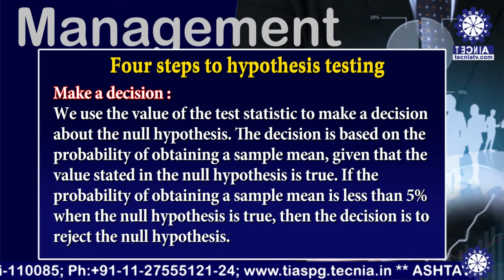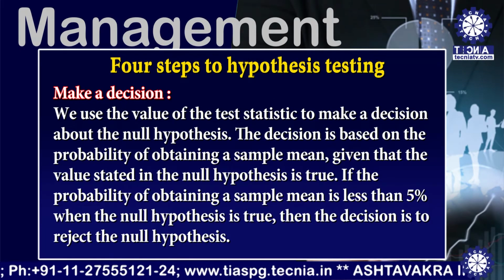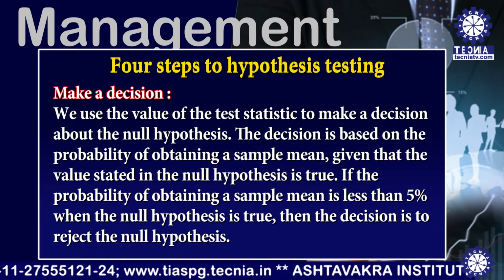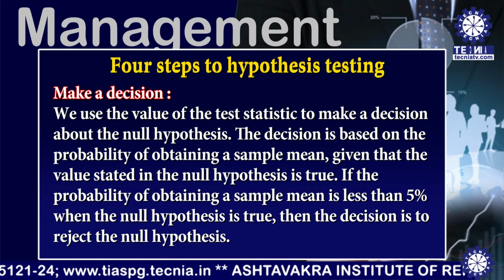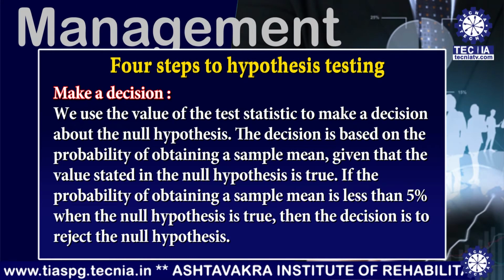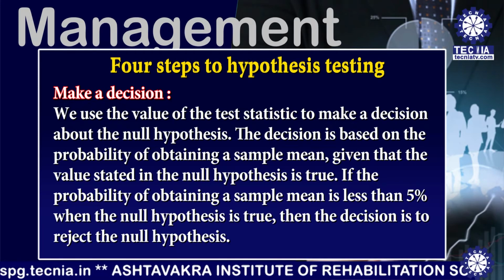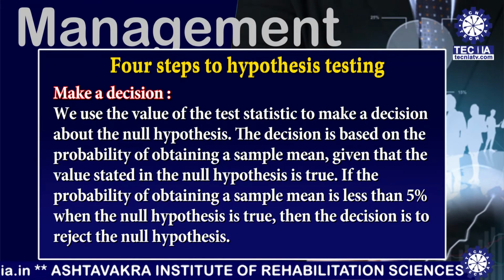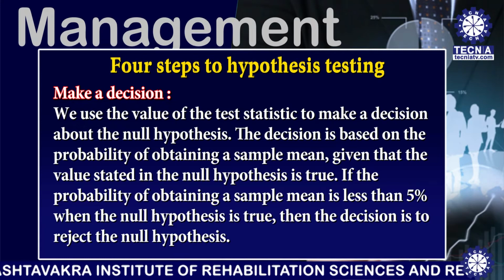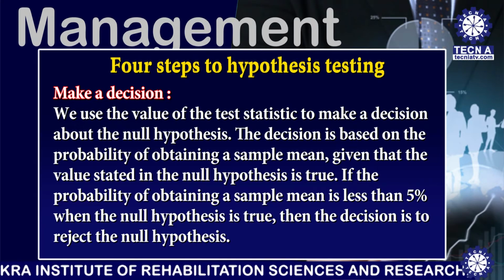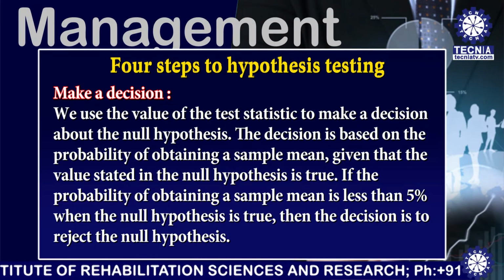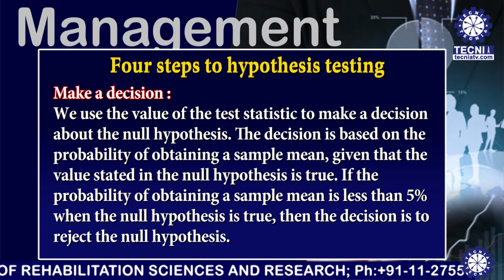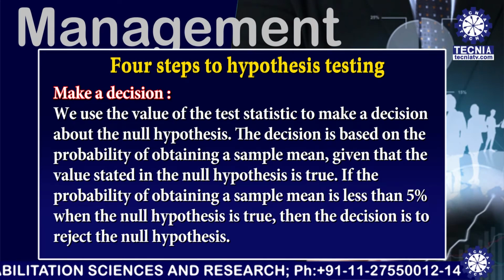Now I am explaining step 4, which is make a decision. We use the value of the test statistic to make a decision about the null hypothesis. The decision is based on the probability of obtaining a sample mean, given that the value stated in the null hypothesis is true.